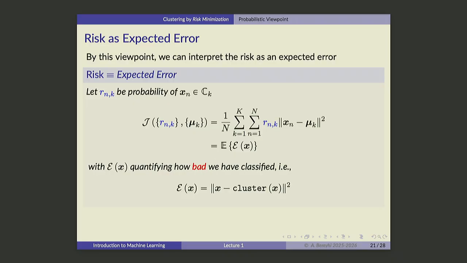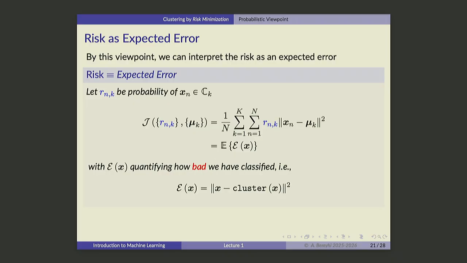Because for every single x, if you randomly give me one x, I want to know what is the distance of that x from its own centroid or its own cluster. And then if I want to know what this is on average, I just average it over all possible points n, and over all possible clusters with the coefficients that I have here, right?